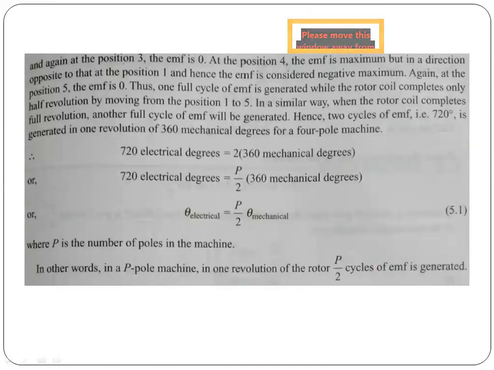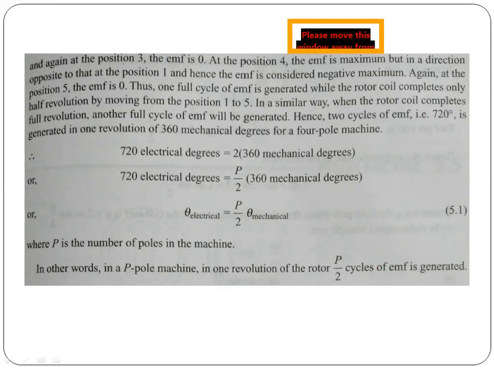Thus one full cycle of EMF is generated while the rotor coil completes only half of a revolution, moving from position 1 to 5. In a similar way, when the rotor coil completes a full revolution, another full cycle of EMF will be generated.